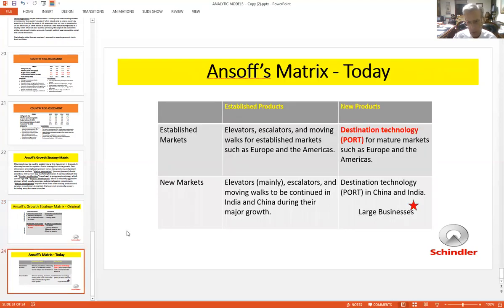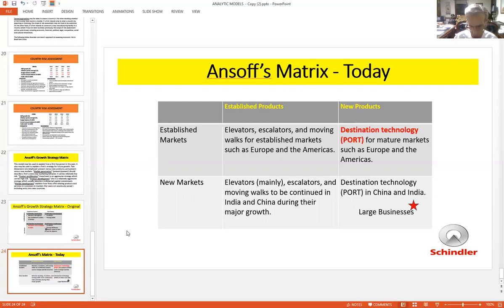So today, and this today is probably a year or so ago, the established products for established markets, so-called market participation, but this is a very successful company in many countries.